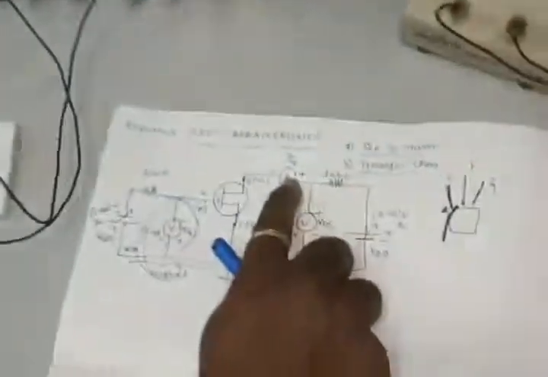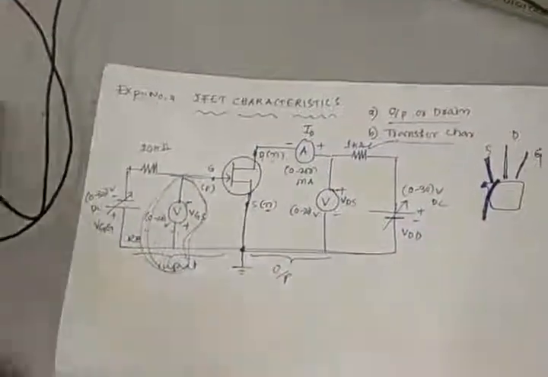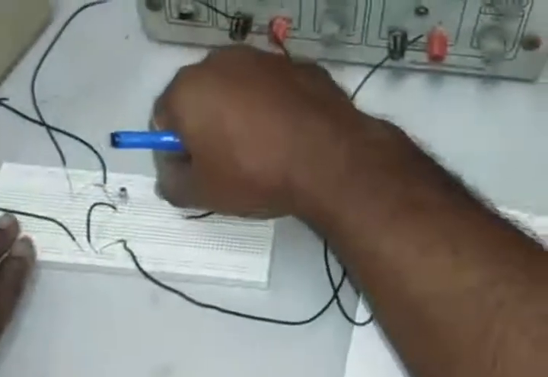The other end of the resistor is connected to the positive of the ammeter. So I am connecting the resistor here. What is the value of this resistor? 1 kilo ohm. And here we should connect the ammeter.